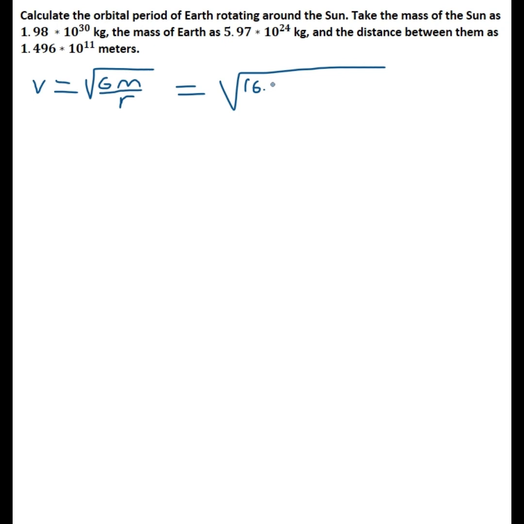So putting these values in, we have 6.674 times 10 to the negative 11 Newton meters squared per kilogram squared, times the mass of the Sun, which is 1.98 times 10 to the 30 kilograms, all divided by the distance between them, which is 1.496 times 10 to the 11 meters. It's also known as 1 astronomical unit.